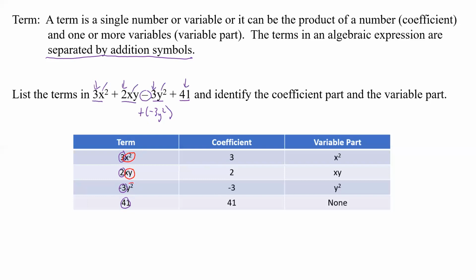So some of them have 2, some of them have squares, and guess what? That one doesn't even have one. And so the variable part, the red circle, is x squared. This one has xy. This one's y squared. And this one just has none. So we just write none, okay? And that's how we can break apart an expression and look at each individual term.